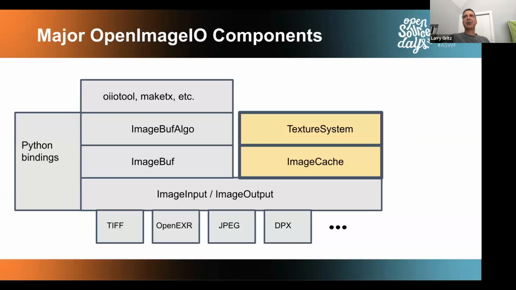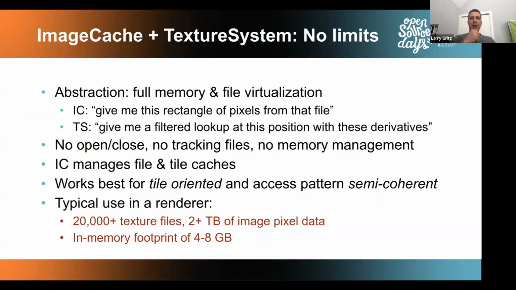Another different abstraction level that we have is the image cache and texture system. So the abstraction here is when you're dealing with a potentially vast number of images and an immense total number of pixels, much more than can fit in memory. And you don't want to have to think about files or memory management or any of those limits.